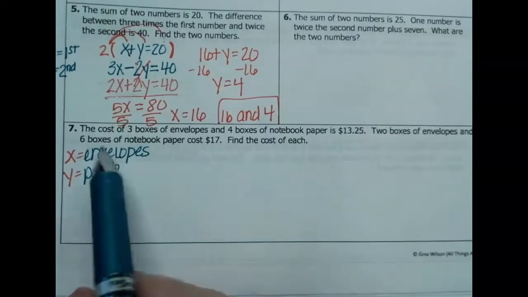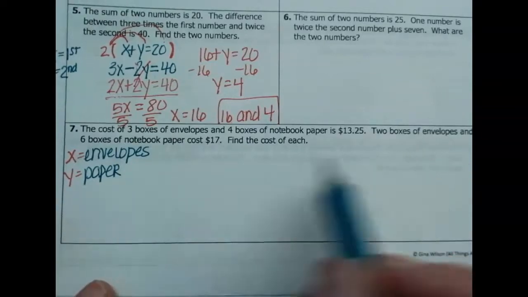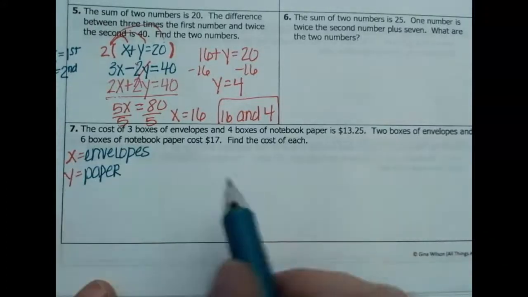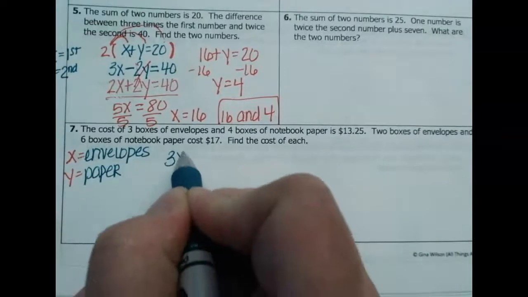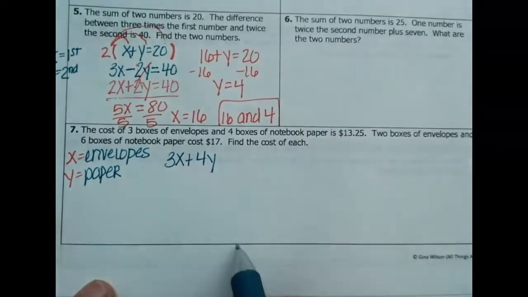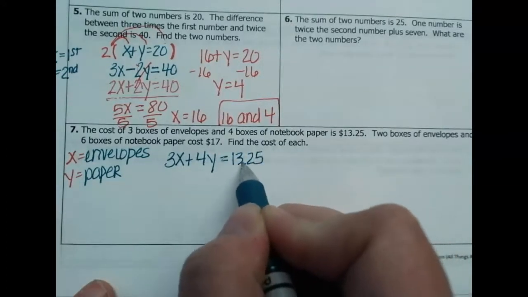So let's take a look. We have 3 boxes of envelopes and 4 boxes of notebook paper is a number. It is $13.25. So there's actually your equation right there. We said boxes of envelopes are X, so 3 boxes of envelopes plus 4 boxes of paper is going to equal $13.25.